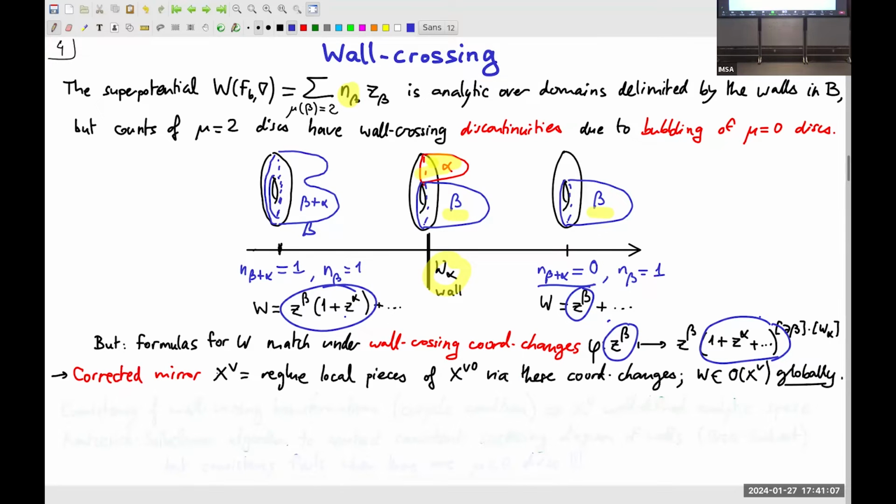And so the statement is that we can build a corrected mirror by regluing the local pieces we had over each chamber delimited by the walls using these transformations, and then W will again be a regular global function. Now, if you are building the mirror to a Calabi-Yau, you're not even going to see Maslov 2 disks or superpotentials, but the wall crossing still happens.